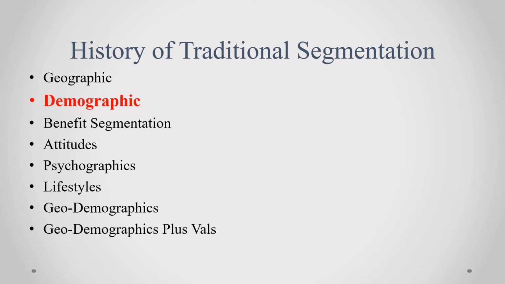As an example, we find that people on the East Coast of the United States prefer New England style clam chowder, while people further down the eastern seaboard tend to prefer Manhattan style clam chowder. And as a result, there might be a difference in the way that you made clam chowder and how you marketed clam chowder to each of those groups of people.